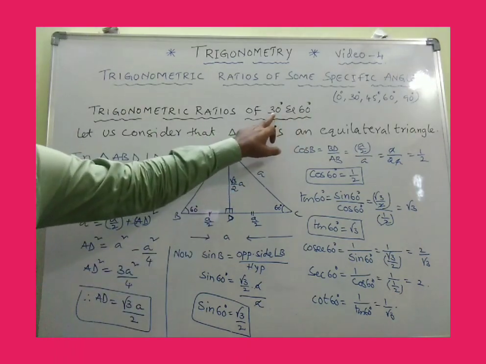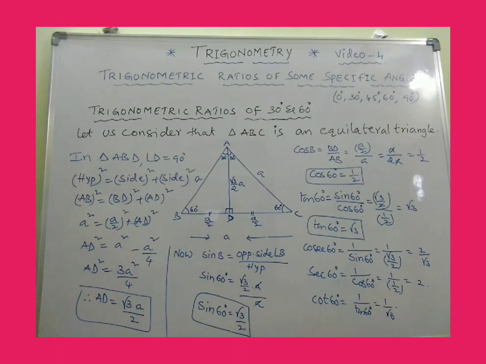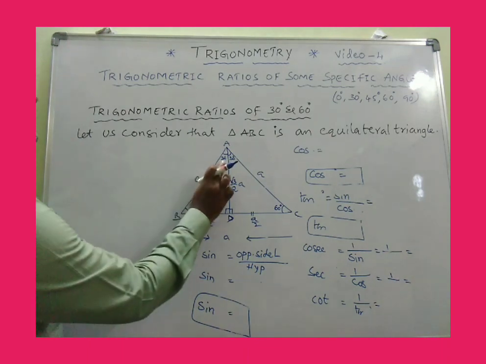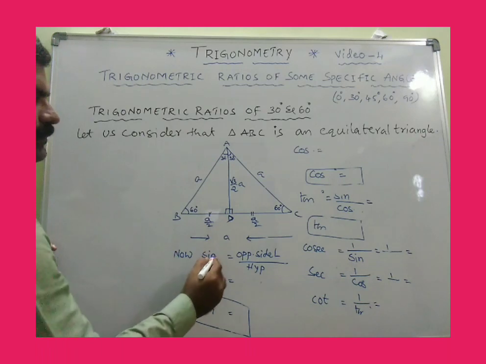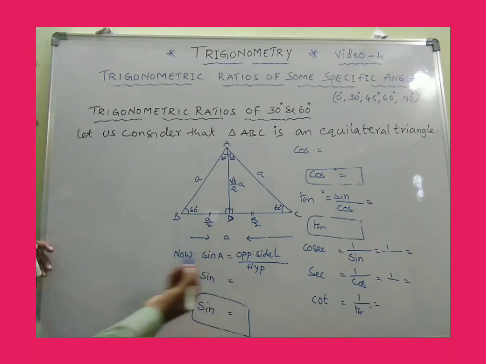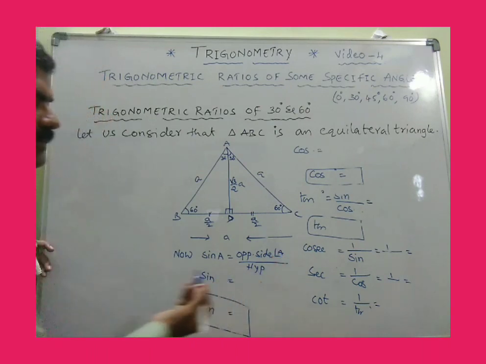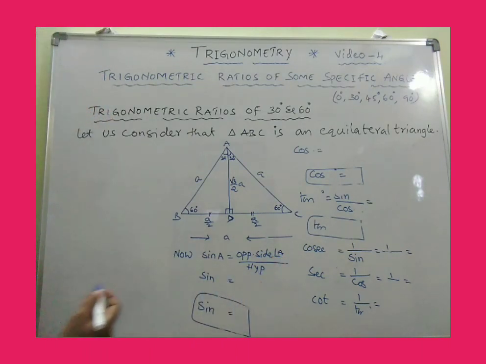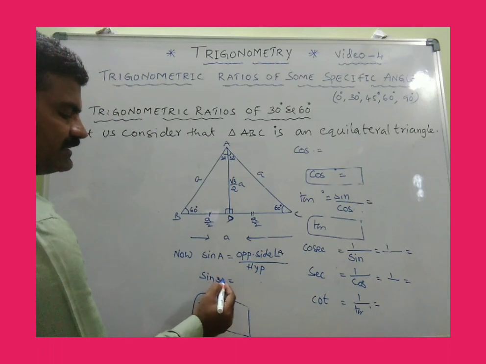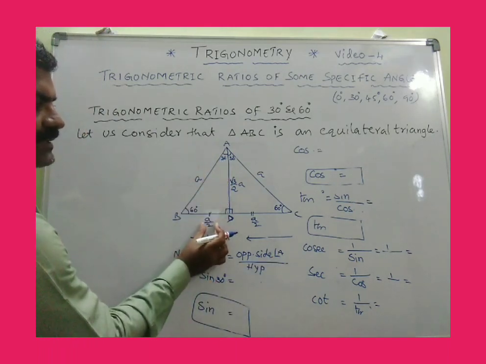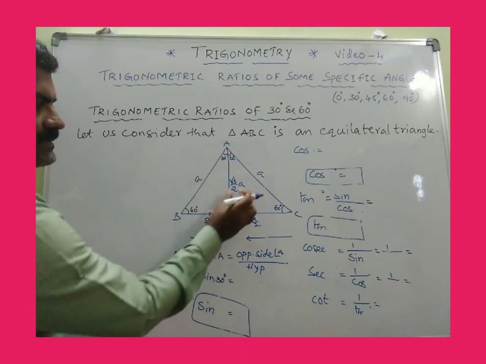Now we need to go for 30 degrees. So let us find now 30 degrees. 30 degrees is at angle A. So now I want sine of angle A. As per the formula, opposite side to angle A by hypotenuse. This is the opposite side to A, isn't it? This is adjacent.